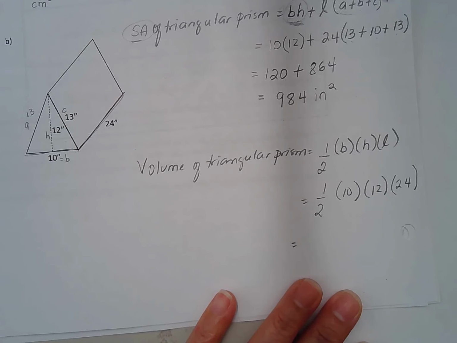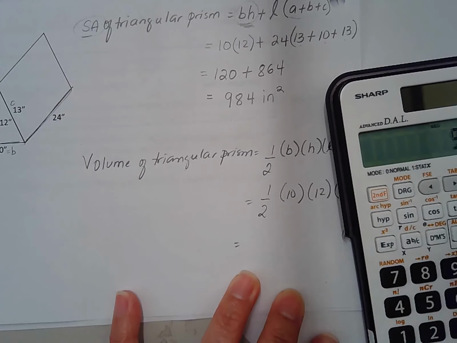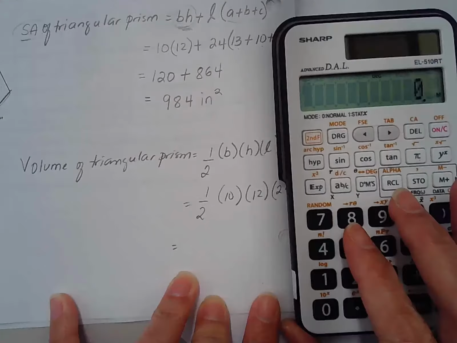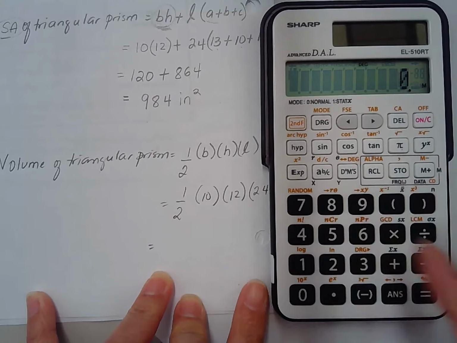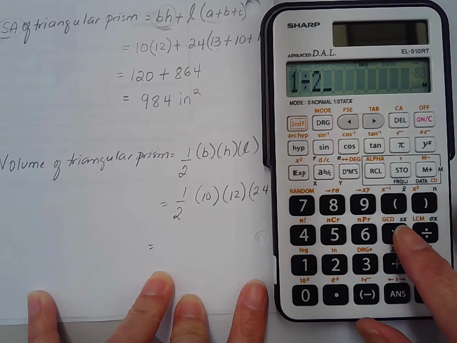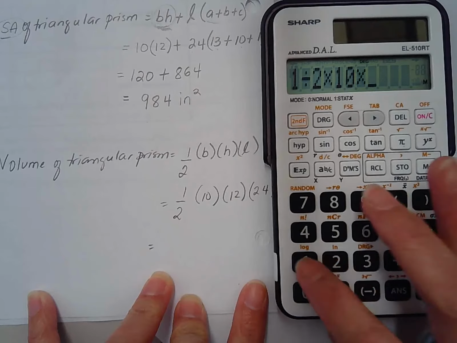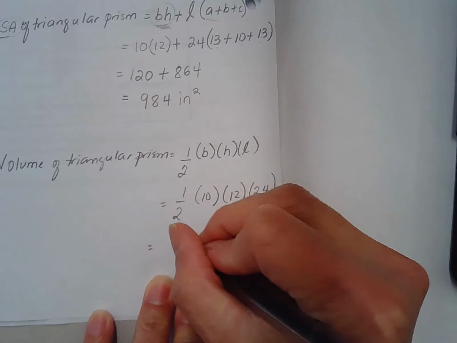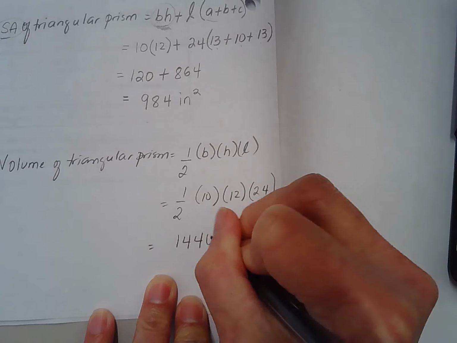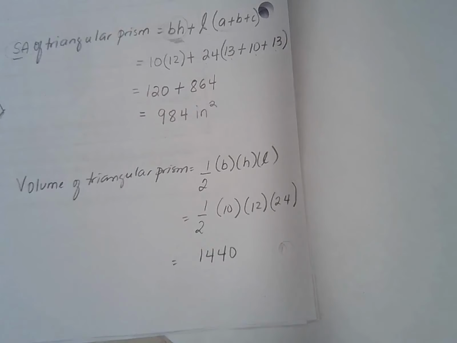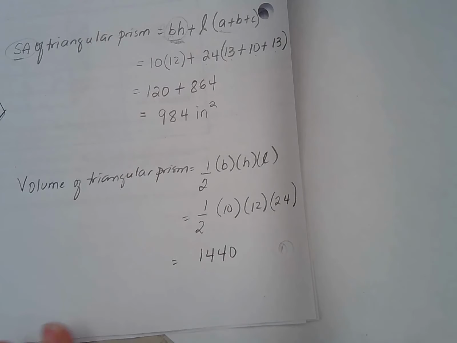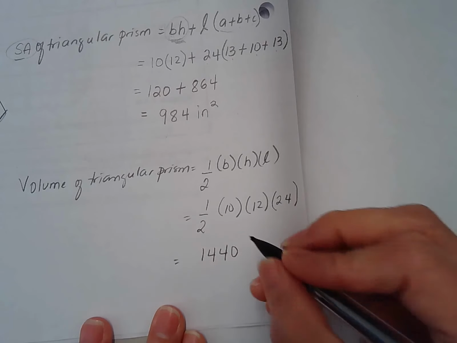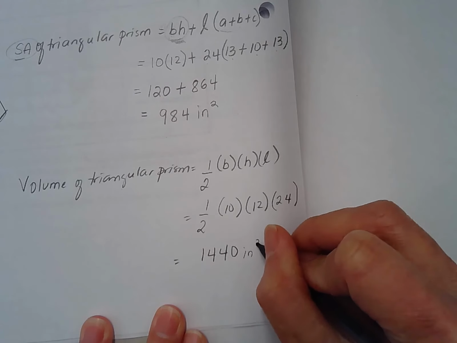So you can go 1/2 or 0.5. I'll just go 1/2 times 10 times 12 times 24. Okay, 1,440, yes. And what's the unit? Inches cubed.